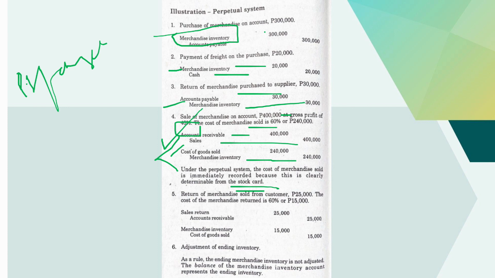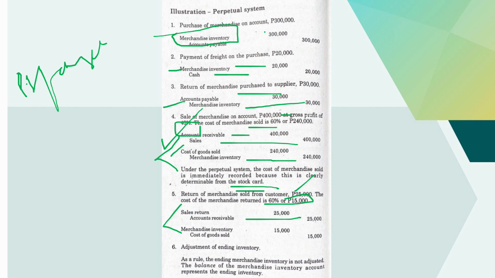Number 5, return of merchandise sold from a customer amounting to 25,000. The cost of merchandise is 60%, or 15,000. So, ito, same lang ang kanilang recognition sa periodic. Debit sales return, and then credit accounts receivable.